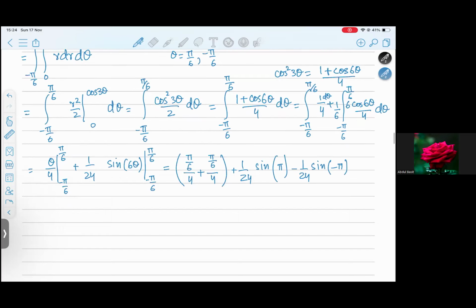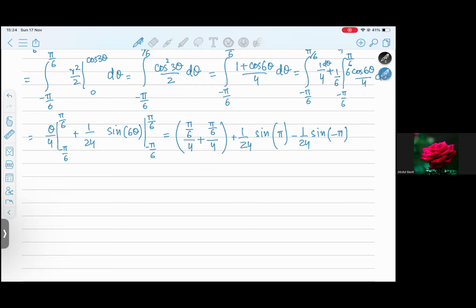Sine of pi and sine of negative pi are both 0, so I'm just left with the first two terms, pi over 6 divided by 4 and pi over 6 divided by 4. I can write that as this, and 2 and 4 will cancel out, so pi over 6 divided by 2, which is pi over 12.